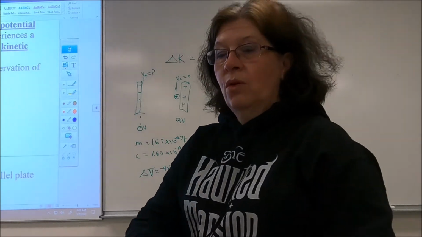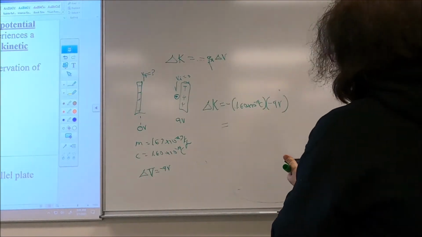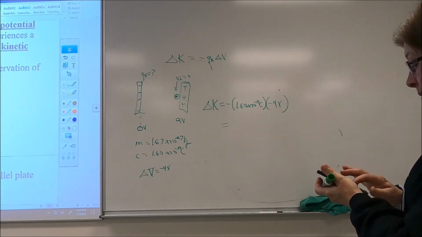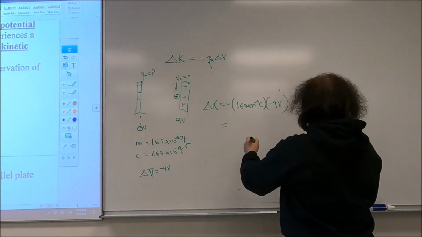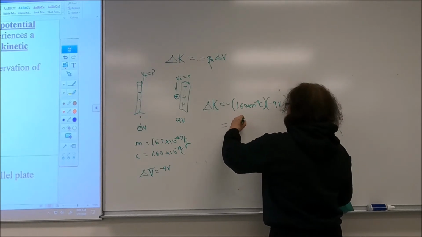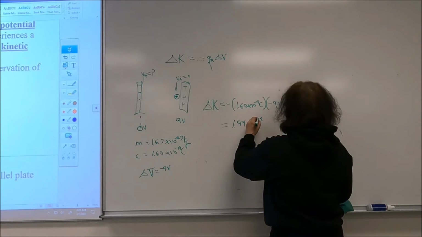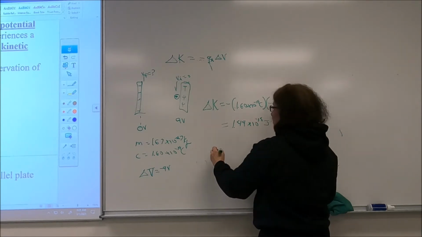Okay? So 1.60 EXP 19 negative times 9. The two negative signs divide out. I get 1.44 times 10 to the minus 18 joules.